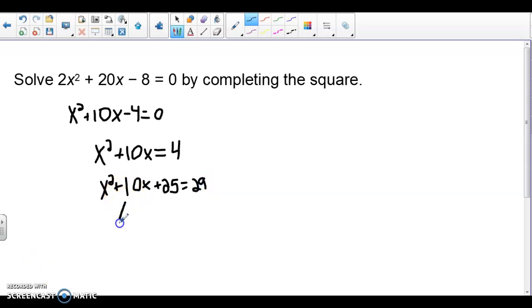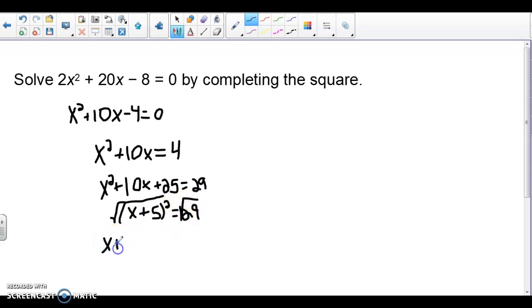This here is a perfect square trinomial, so that will give us x plus 5 squared when we factor it, equals 29. Now at this point, I will take the square root of both sides. Remember, when you take the square root, there's a variable involved. This becomes plus or minus on this side.